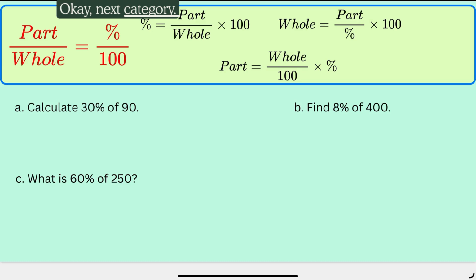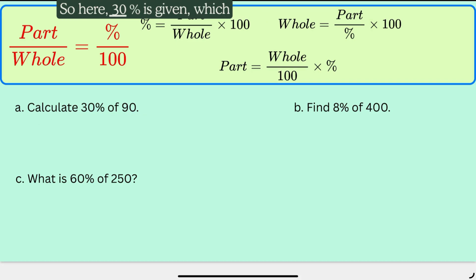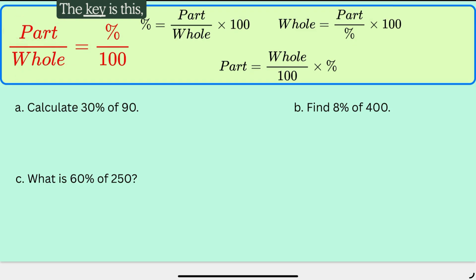Okay, next category. It says in here, calculate 30% of 90. So here, the 30% is given, which means this one here. Now the question: are they asking for part or for whole? The key is this, "of." Imagine this circle in here.